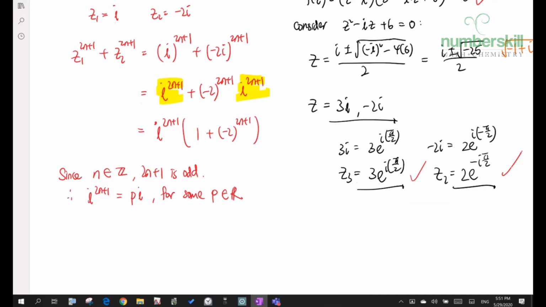Now then this one. The important thing is this one cannot be 0, because once it's 0, you're dead. So you just want to convince people. Well, since n is an integer again, minus 2 to the power of 2n plus 1 is not 0.